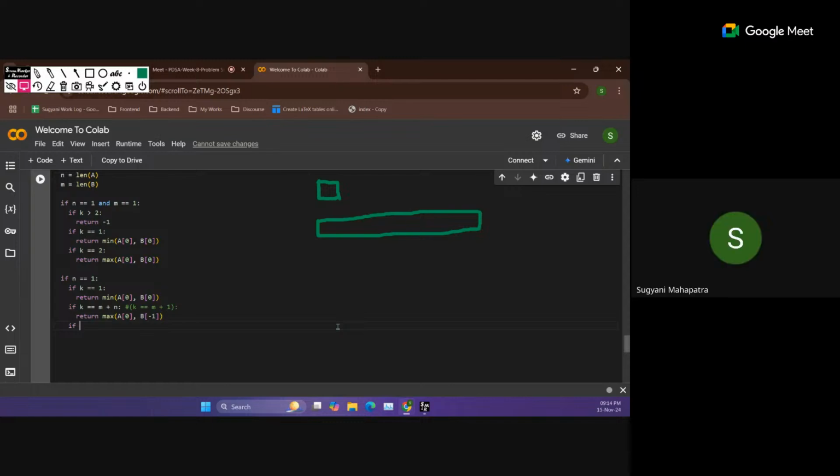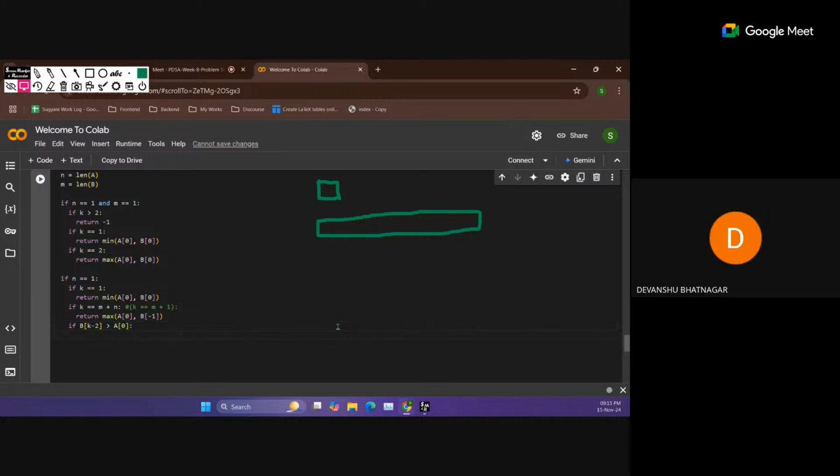So what we will do is look into B of k minus 2. If B of k minus 2 is greater than A of 0, then what will happen?